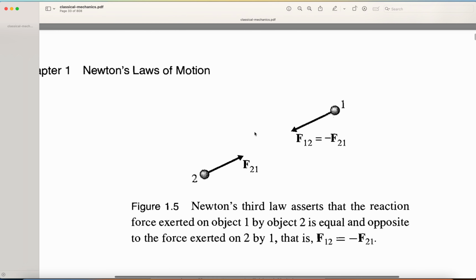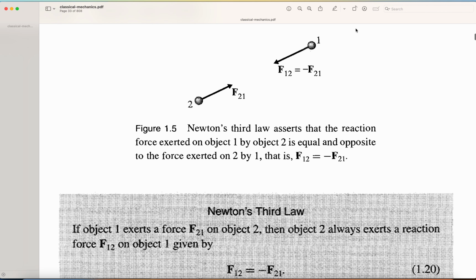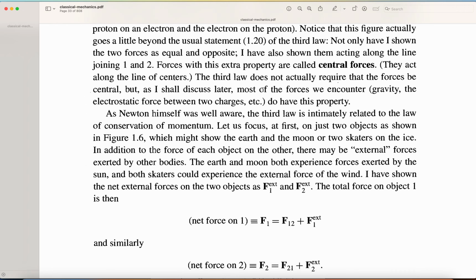I think maybe this assumes some sort of equal distribution of density around these two objects, so that their forces are perfectly centered. I'm not sure if that's always the case, but I don't think that's important.